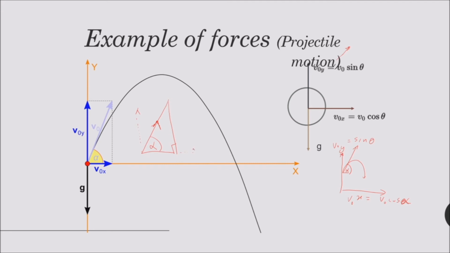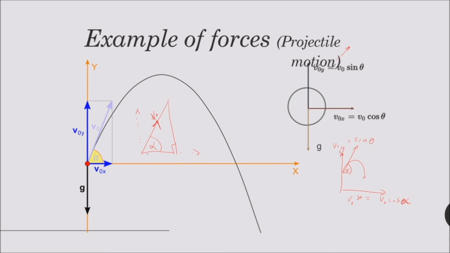Okay, so how do I come up with these values? Let's say this is the d value, or in this case we call it v0, that is the magnitude of this.